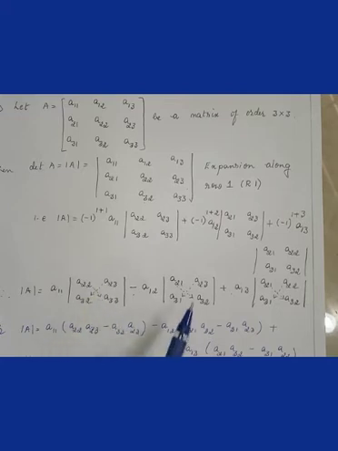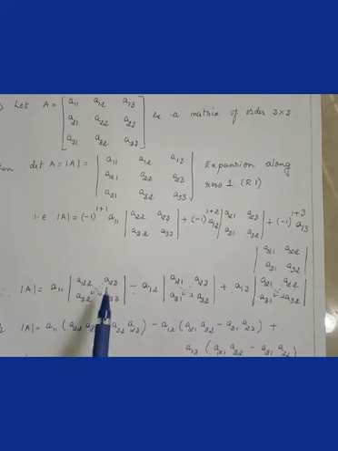So in the next step, determinant A is equal to A11 into (A22 into A33 minus A32 into A23), or A23 into A32, anything.